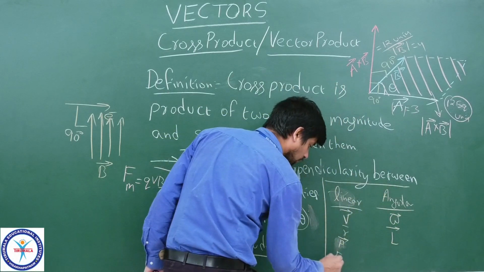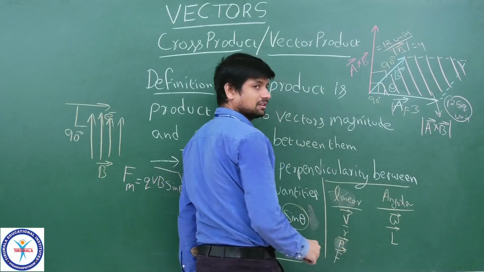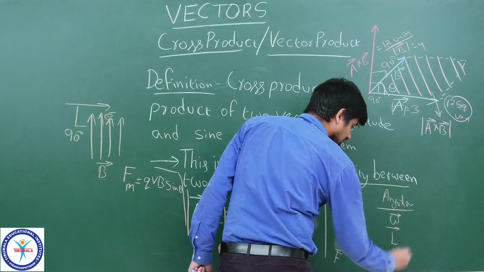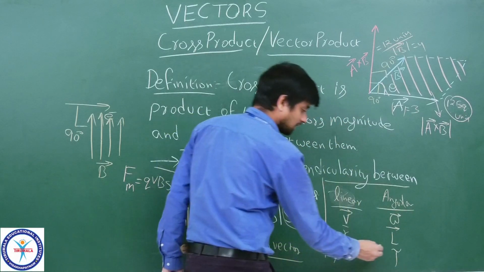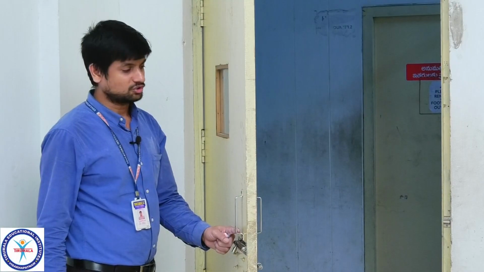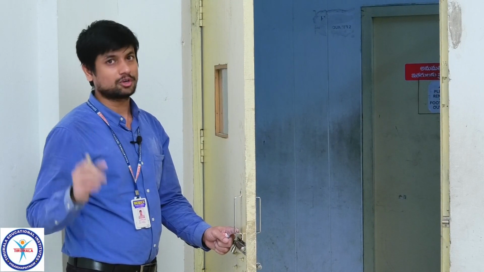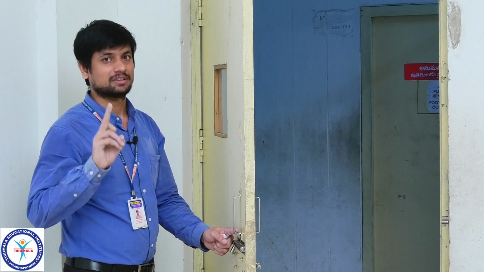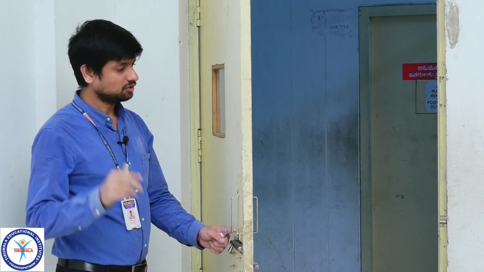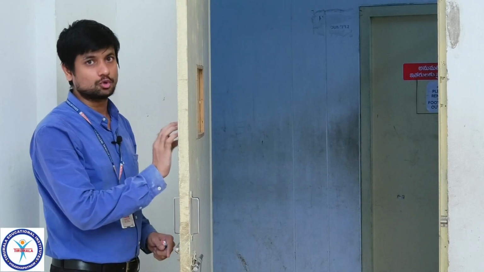If you multiply the force with the radius vector, what do you get, children? Here, torque. So for rotational effects, I told you now, torque means multiplication of the radius vector and linear force. So now I want to close this door.